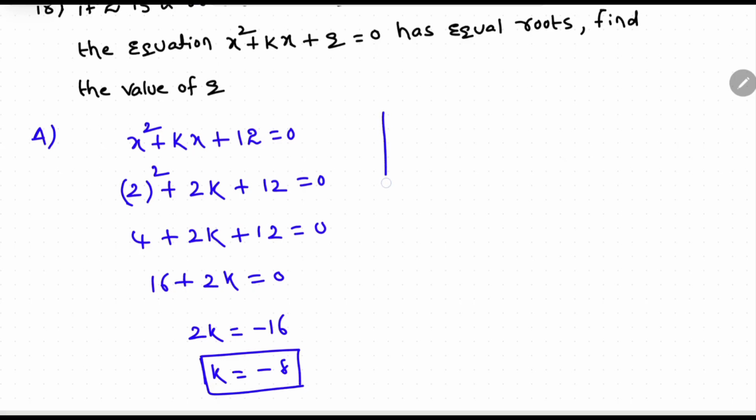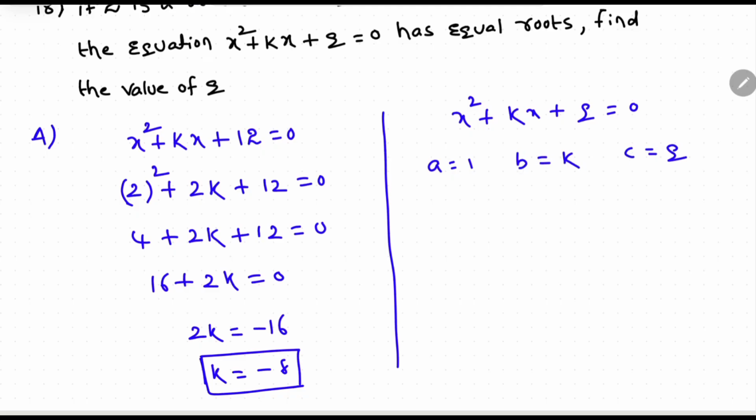Now in equation 2, x power 2 plus kx plus q equals 0. Here the a value will be 1, the b value is k, and the c value is q. Here the roots are equal.